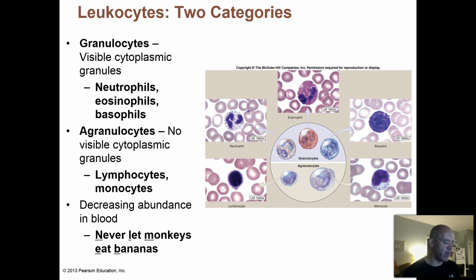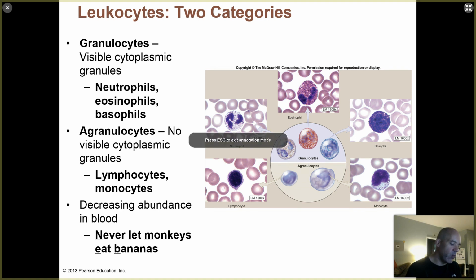All right, so as we've talked about before, your leukocytes come in two different categories. You've got your granulocytes, which, when you look at them under the microscope, and these cells have been stained with a combination of dyes, their cytoplasms look very spotty. Those spots are membrane-covered granules or compartments that contain the chemicals that are needed for them to be able to do their jobs.